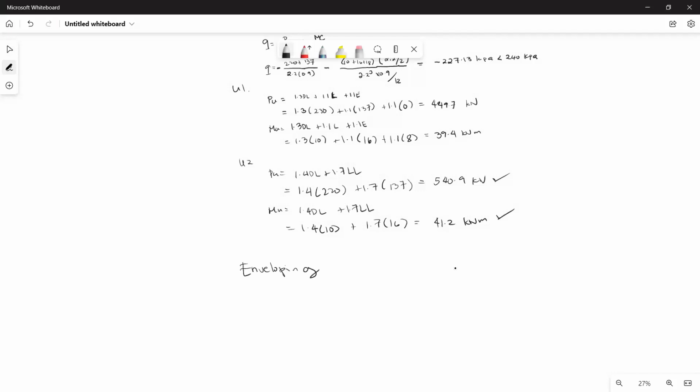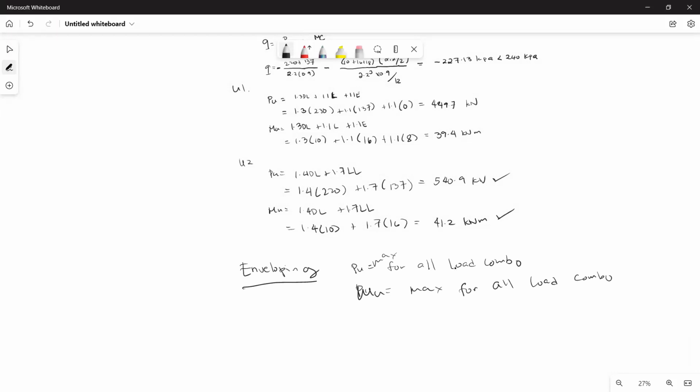For enveloping, you will use the maximum PU for all load combinations, and your MU is the max for all load combinations.